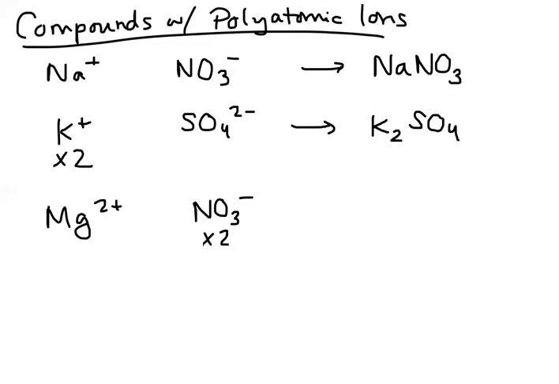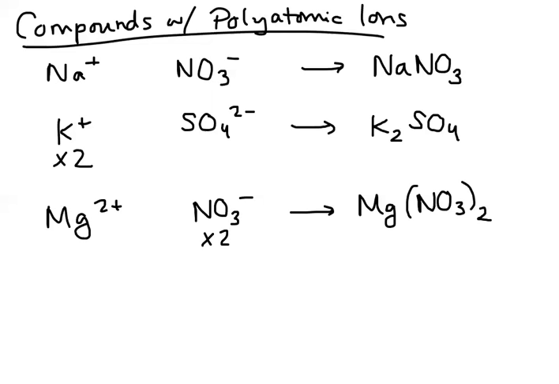So you have 2 NO3s. That means you have a magnesium, and then you're sticking on 2 NO3 minuses, which gives you Mg, but then NO3 already has a subscript in it. So to distinguish between that, we have to put parentheses around it and say we have 2 of those. All right? Only use parentheses when you have multiple of the polyatomic ion. It's not necessary in the top two compounds. It is necessary in this bottom compound.